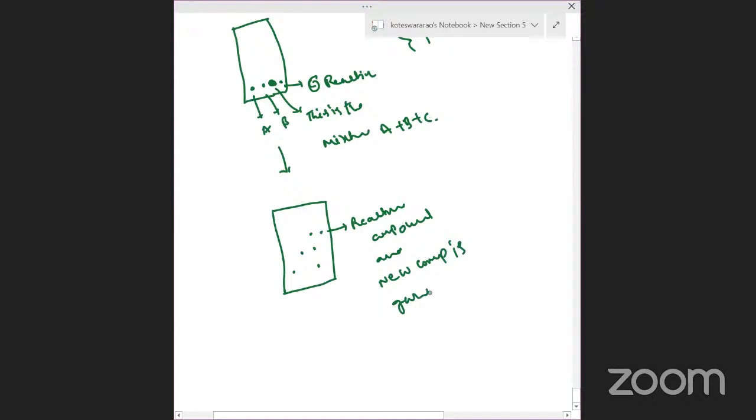This is the way we use chromatography in the qualitative manner.